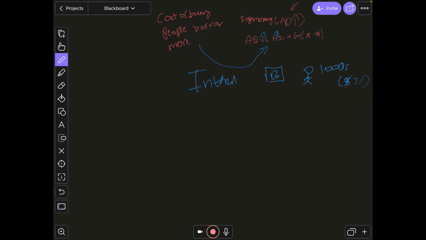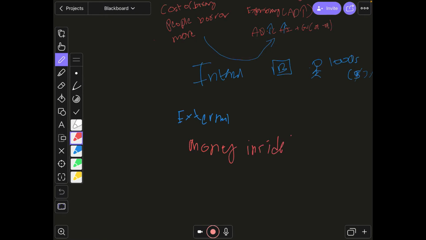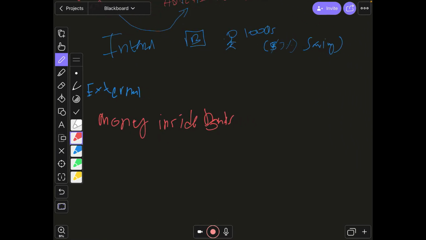But there's also an external effect. Let's discuss the external effect. And all of this is related to when the interest rates go down, right? The external effect is, let's say, if people from other countries, foreigners, had money inside our banks when our interest rate was high.